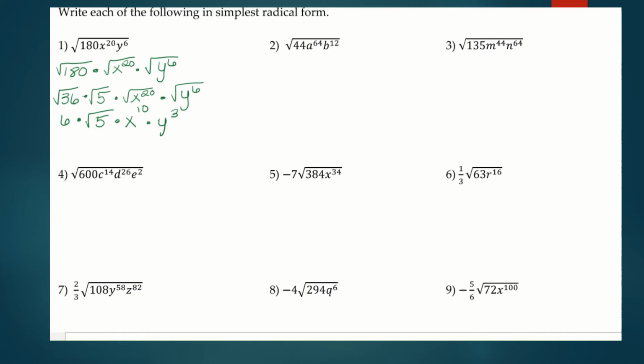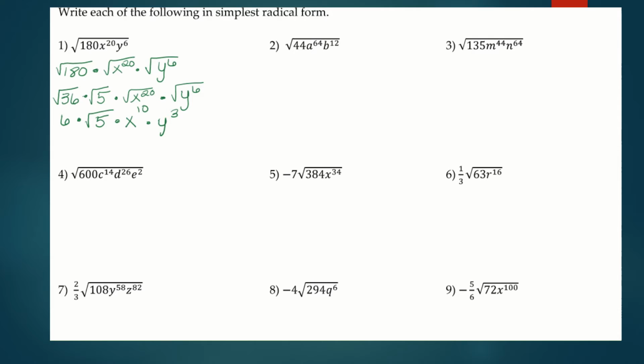Another piece of advice that might help you with these types of problems: when you're dealing with variables, anytime you're taking the square root and your base is a variable, cut your exponent in half. That's going to be the value that you're looking for. When you take the square root of x to the 20th, you divided 20 in half to get 10. Y to the 6th, you divided 6 in half to get 3. So just as something you can use moving forward.